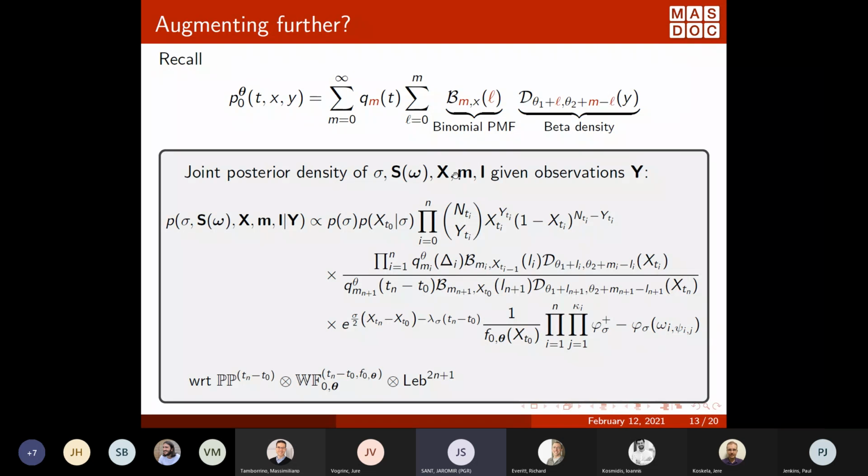And if we do that, now we have a joint posterior density that's not only over sigma, s and x, but also MNL. And this allows us to rewrite the transition densities we had previously in terms of these products here, where now we just have a contribution, which is the binomial PMF and a beta density, which are two things we're happy to see because we know how to work with, and everything is very nice.